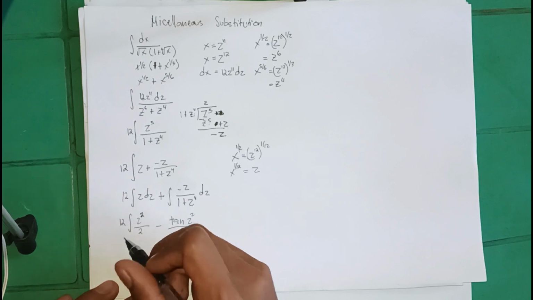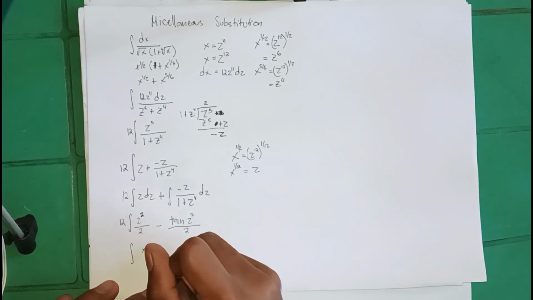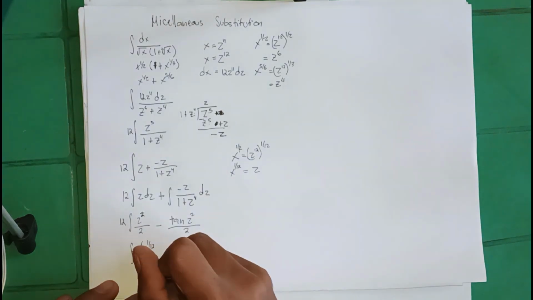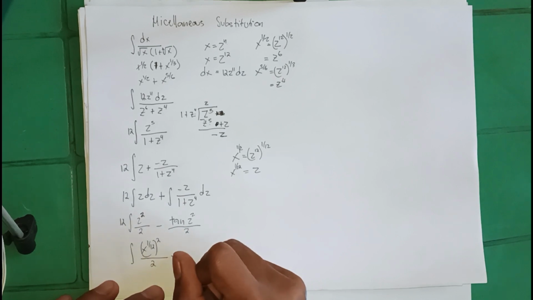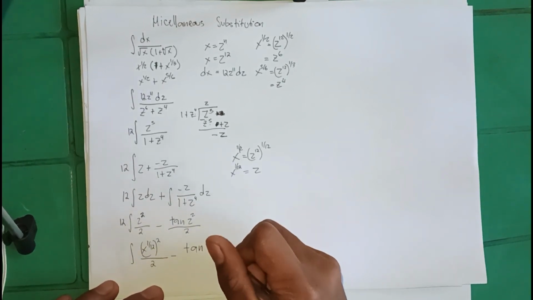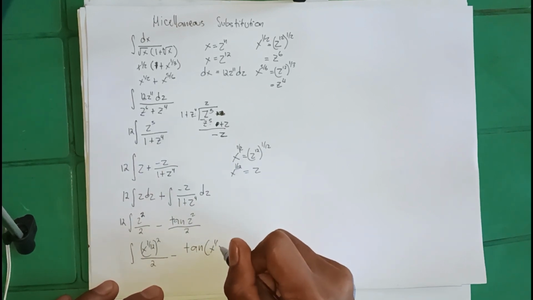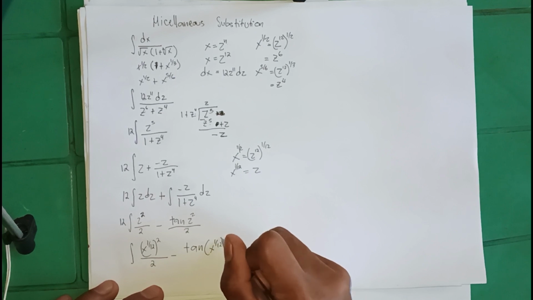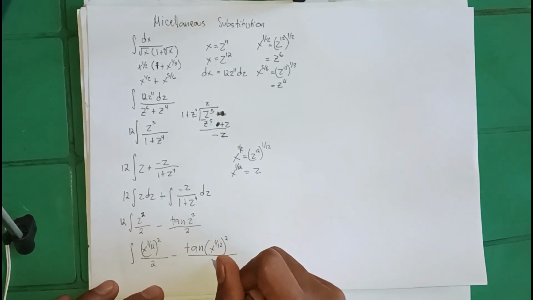So z is x to the 1 over 12 squared over 2 minus tangent z squared over 2.